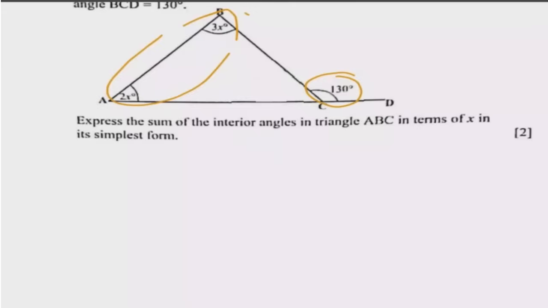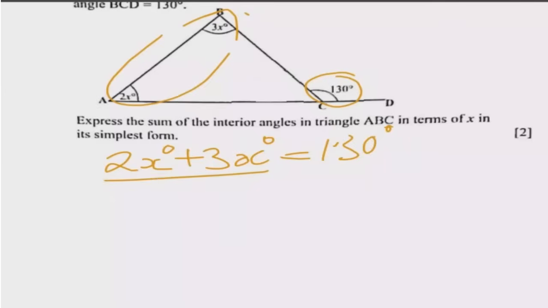To solve this question, you can just say 2x plus 3x degrees is equal to 130 degrees. Then you find the sum: 2 plus 3 gives me 5x degrees, which is equal to 130 degrees.